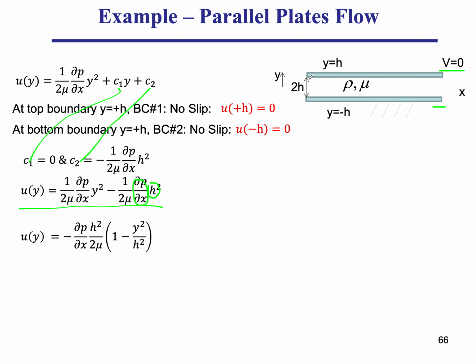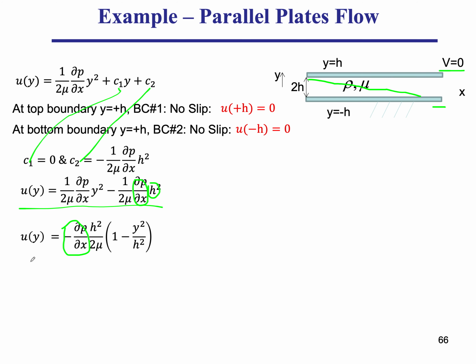So we know that the pressure gradient, dp/dx, is negative. So this is my minus dp/dx. That's a positive term. And this number is always positive or less than 1 all the time, except at y equal h.